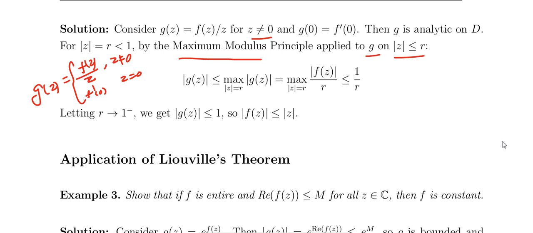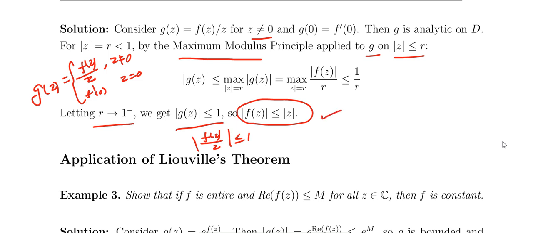So mod of f of z by z is less than or equal to 1, that is, mod f of z is less than or equal to mod z. Okay, that is a very important result.